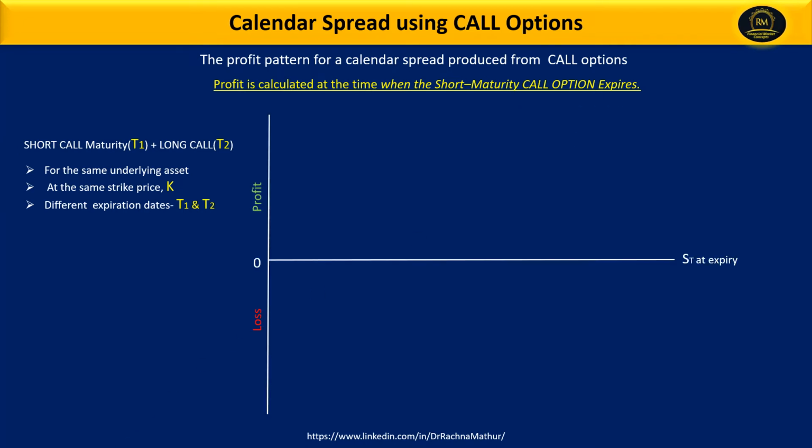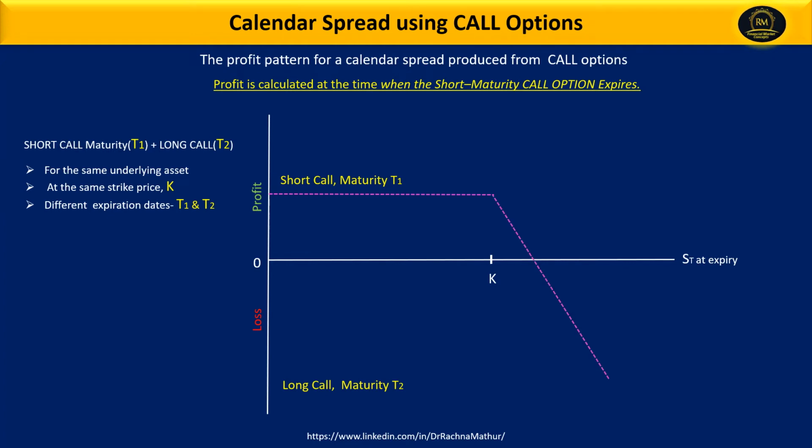This is the profit and loss line, the stock price line. We take a single strike. Now let's create a strategy. This is a short call at the lower maturity of T1 and a long call with a higher maturity of T2. As soon as we short a call or sell a call, the amount is credited to our account.